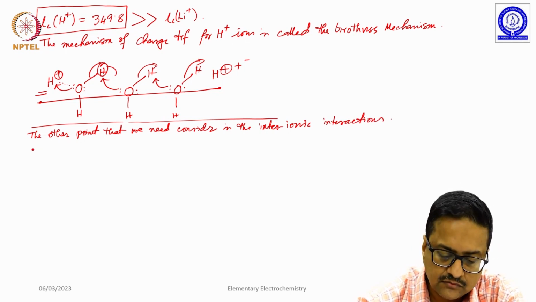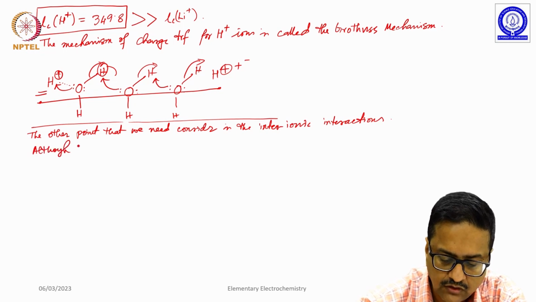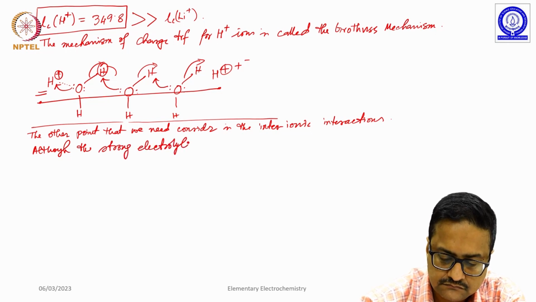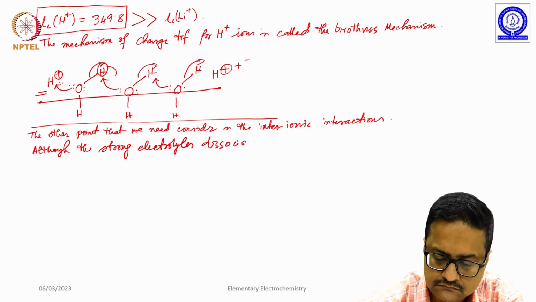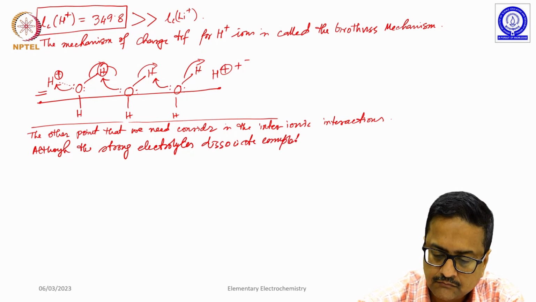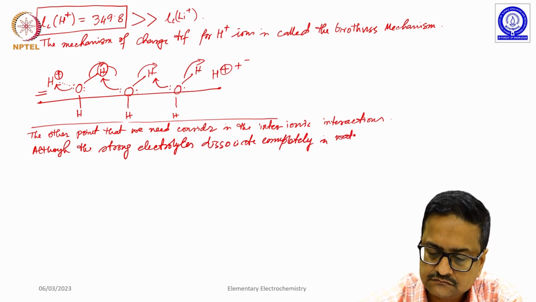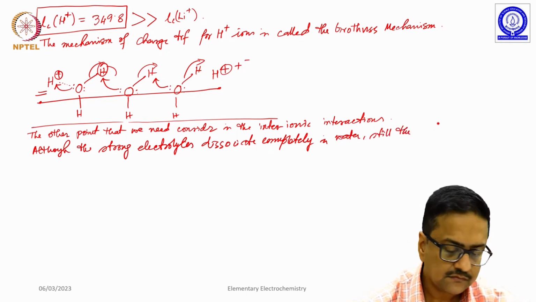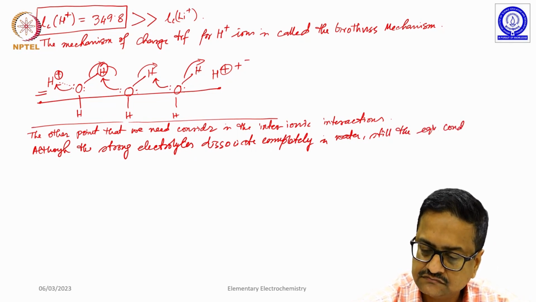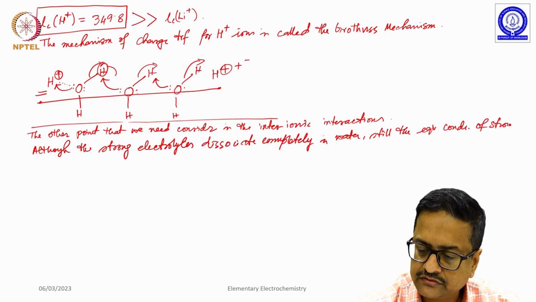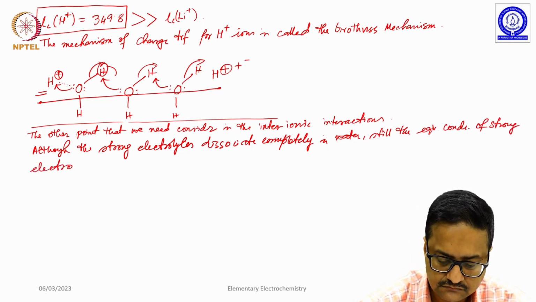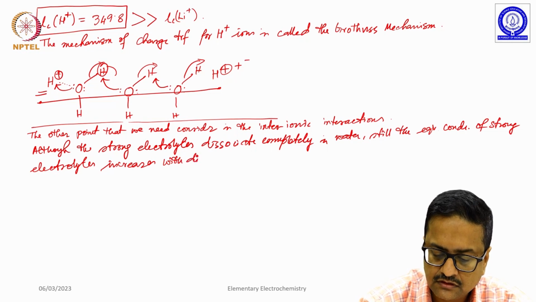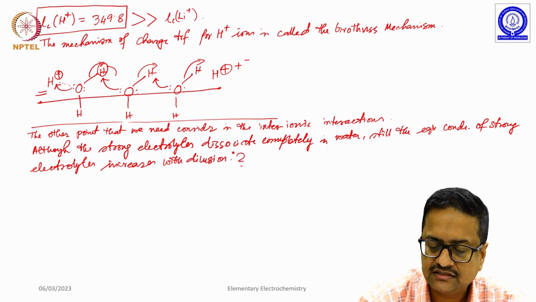Although strong electrolytes dissociate completely in water, still the equivalent conductance of strong electrolytes increases with dilution. Why does it happen?